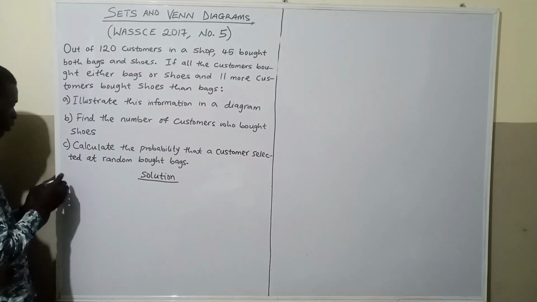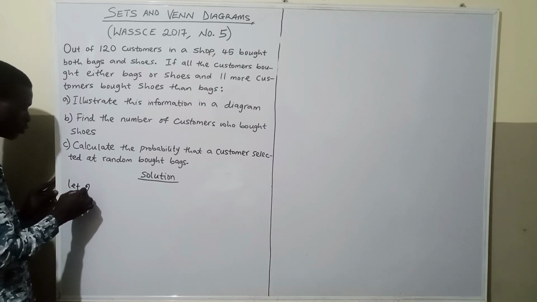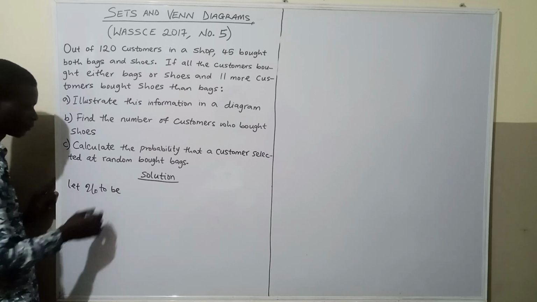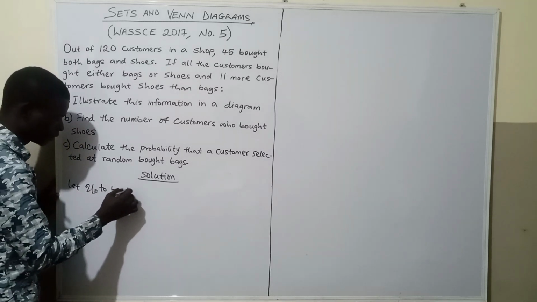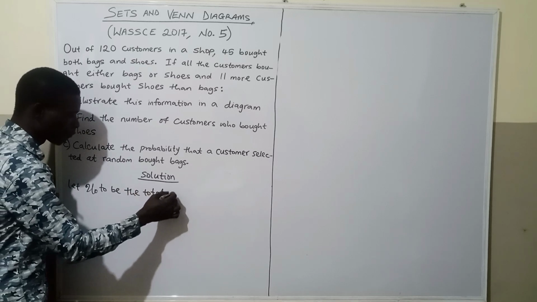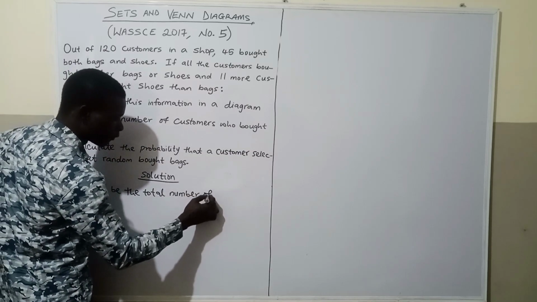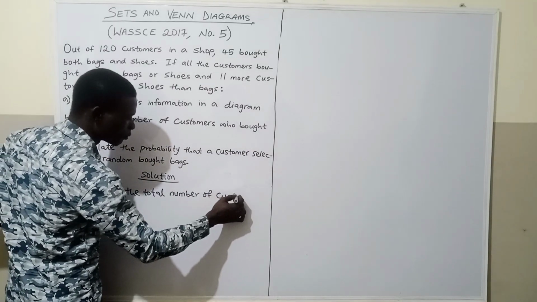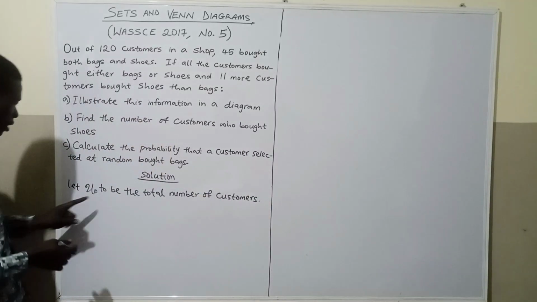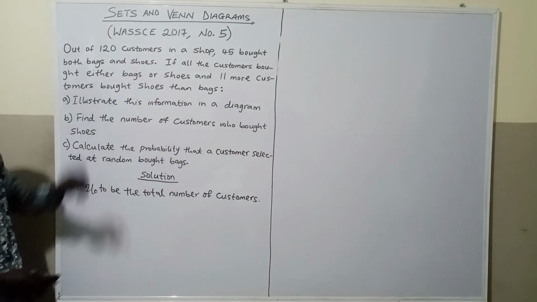So we let U be the total number of customers. And of course, when we talk about this, we are talking about the universal set. That's all customers under consideration. There are 120 of them.